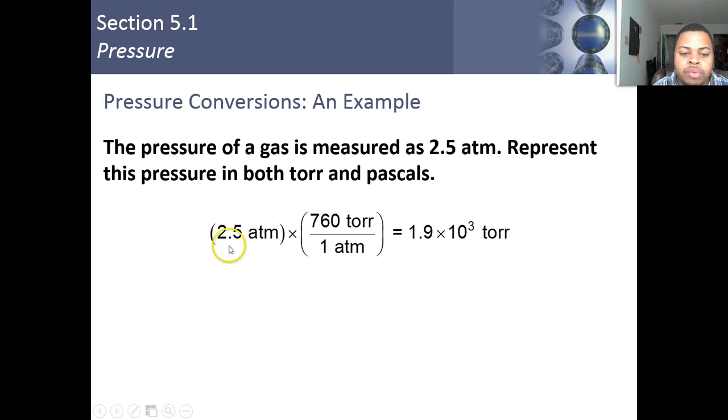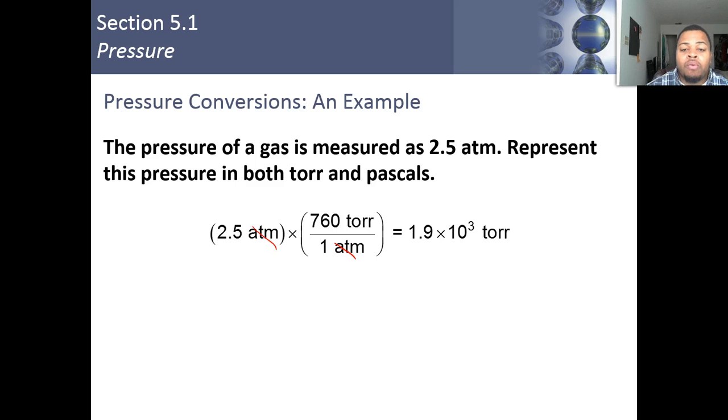Notice that we have 2.5 atmospheres times, we brought our 1 atmosphere down to the bottom and 760 torr at the top. Why do we set our conversion factor up like this? Because our goal is we want to be able to cancel out this unit atmospheres. The way to do that, put it at the bottom of our conversion factor and multiplying 2.5 times 760.